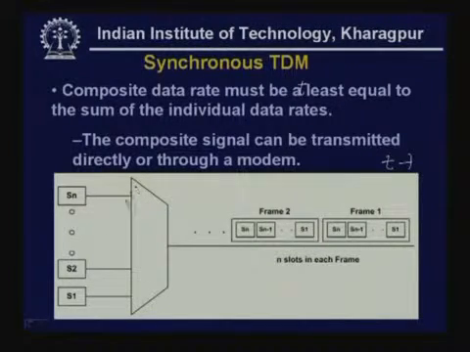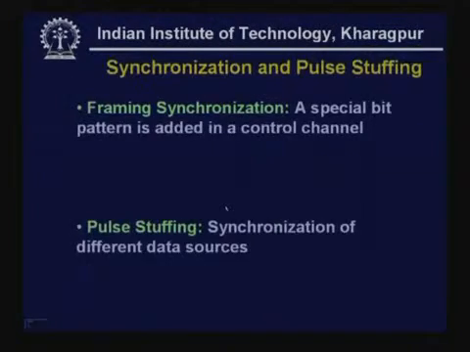So, these are scanned one after the other, then a frame is sent, then comes the next frame, again taken from another source, some 1 bit or more number of bits, then from channel 2, source 2, 1 bit or more number of bits, in this way it goes up to channel n, and again it is repeated. This is how scanning is done.